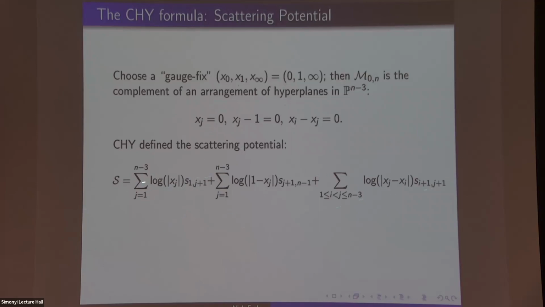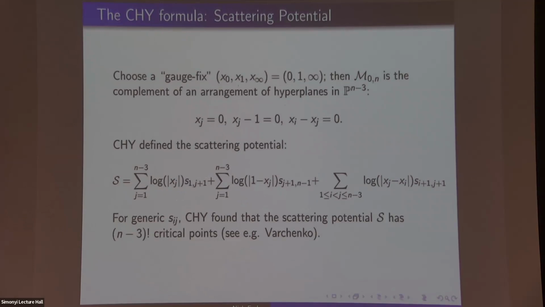Note that this is actually a sum over all n choose 2, but some of the logarithms are equal to 0. For generic values of the Mandelstam invariants, CHY found that the scattering potential has (n minus 3) factorial critical points, and that when they are real, they are in the bounded components.